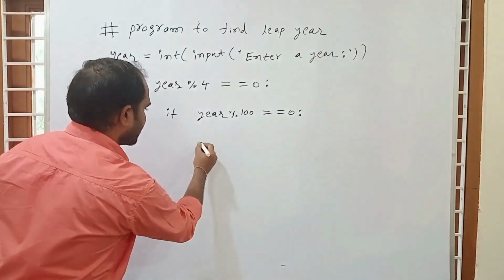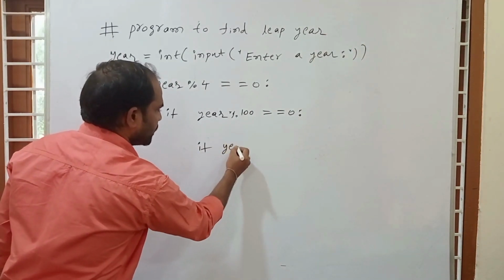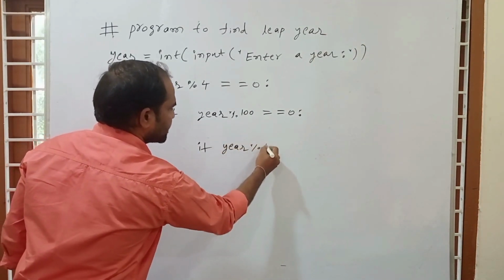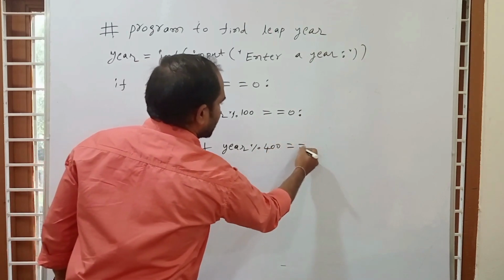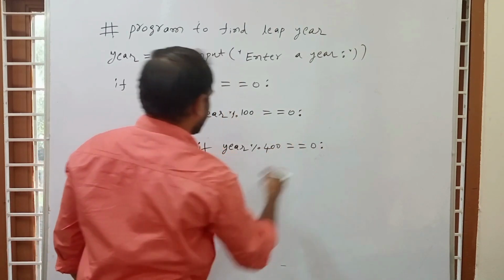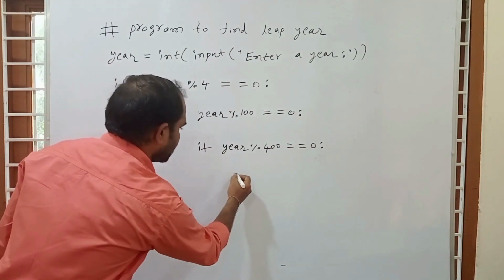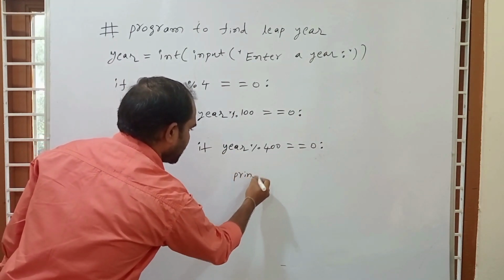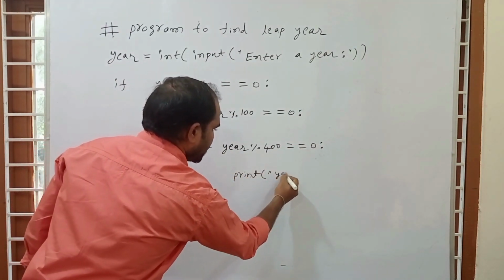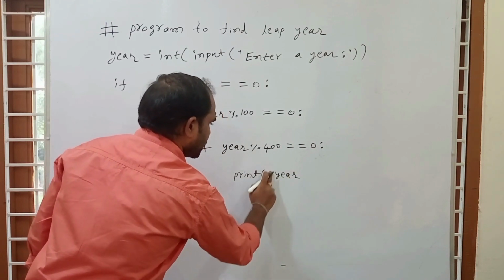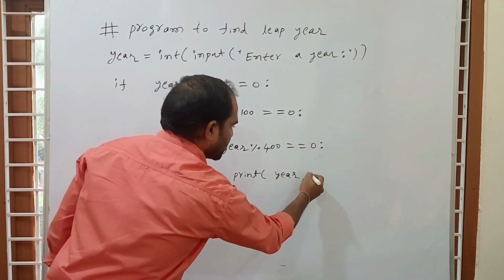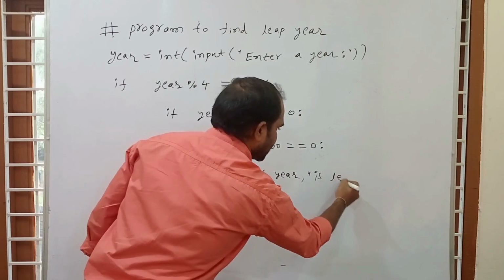Then again one more if condition. If year percentage 400 equal to 0, then here what can we print? Print year is leap.